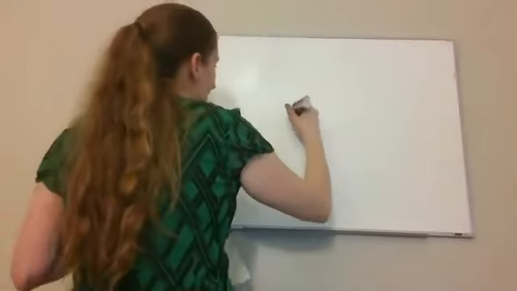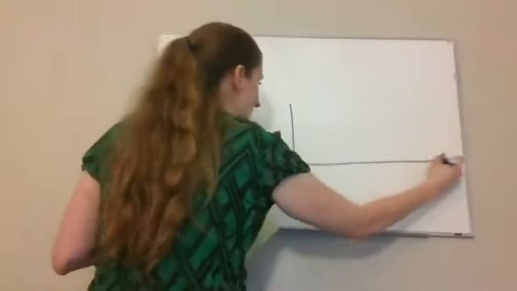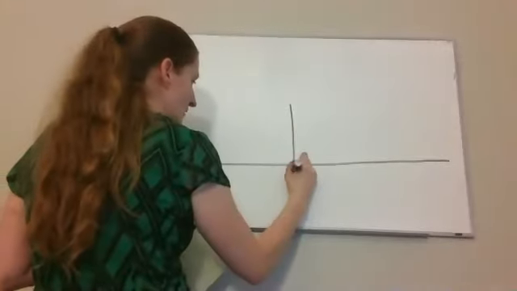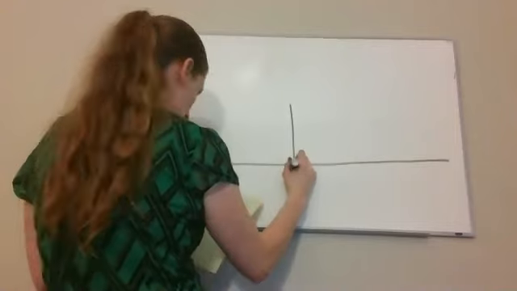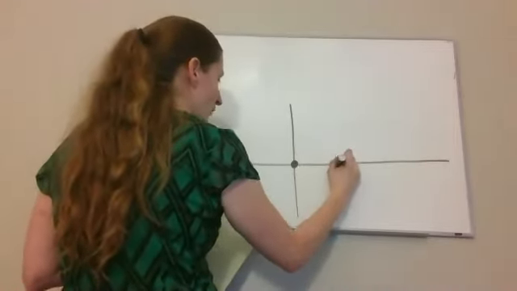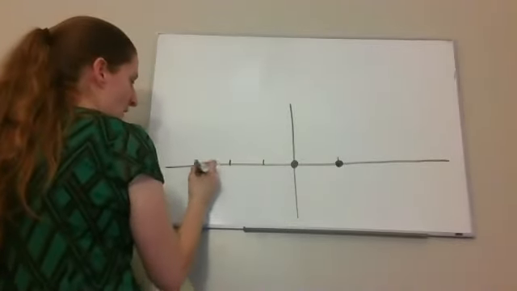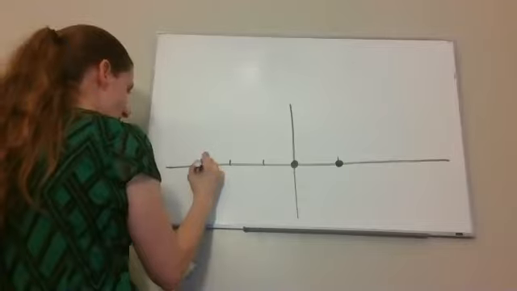So everything that I know so far. I have a point at (0, 0). I have a point at (1, 0). That's one of my zeros. And I have another 0 over here at -3.